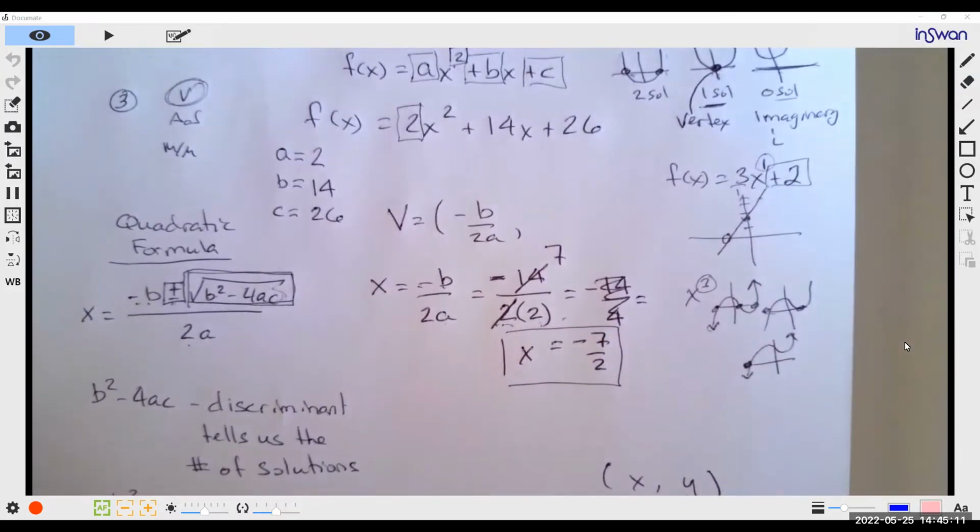That's when I get confused, because certain things I remember, certain things I don't. You can leave it like that, negative 7 over 2. Or sometimes, let's say it wasn't a negative and it was just 7 over 2, I'd ask how many times does 2 go into 7?